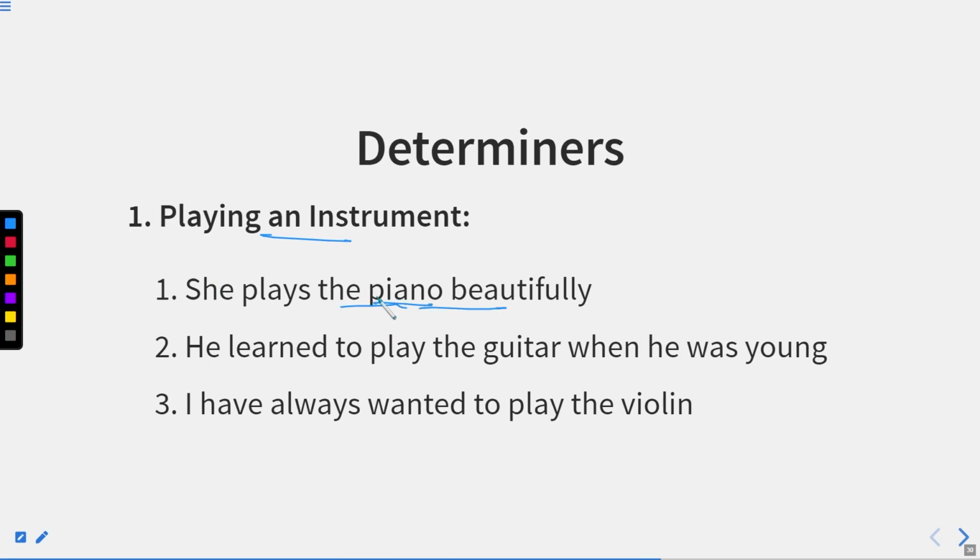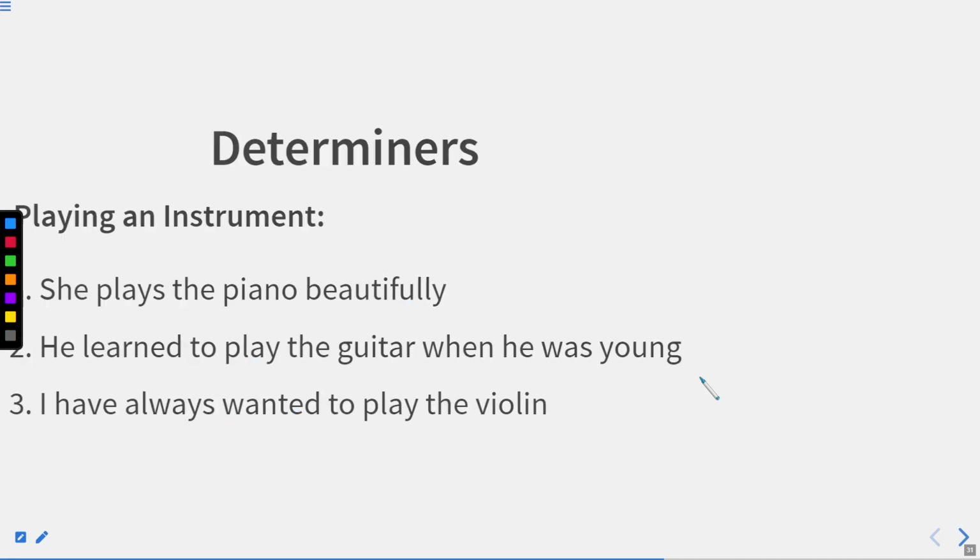So we are talking about piano, which is the name of the musical instrument, and I'm using the before it. He learned to play the guitar. Again, the guitar. So guitar is used to show the play. And when he was young, I have always wanted to play the violin. So here, before the names of these musical instruments, I have used the.